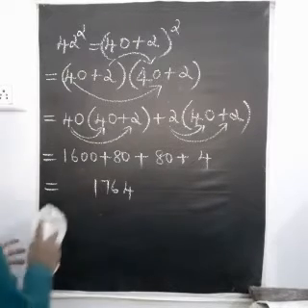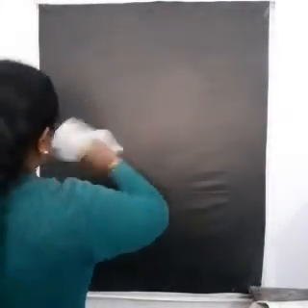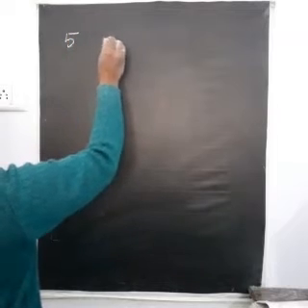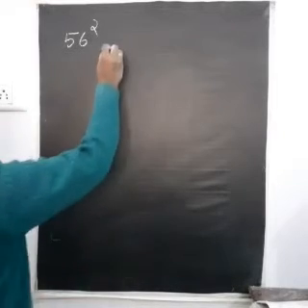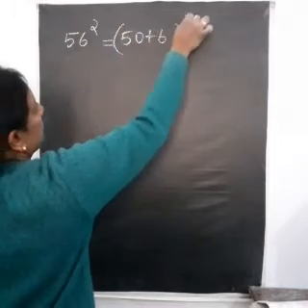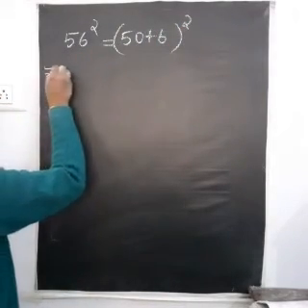Let us take for example, let's say we have 56 whole square. So what is 56 square? I can write it as 50 plus 6 the whole square. How can 50 plus 6 the whole square be written?